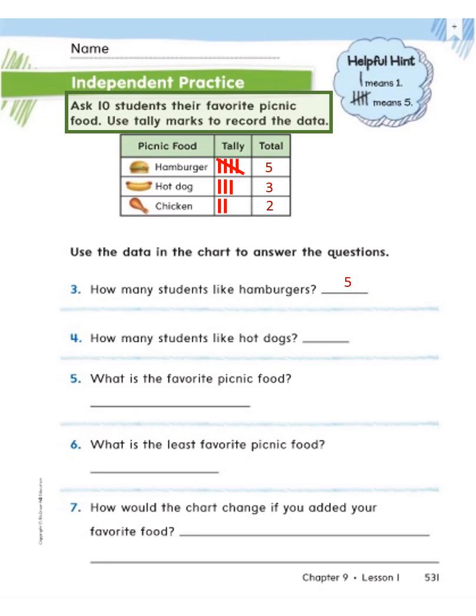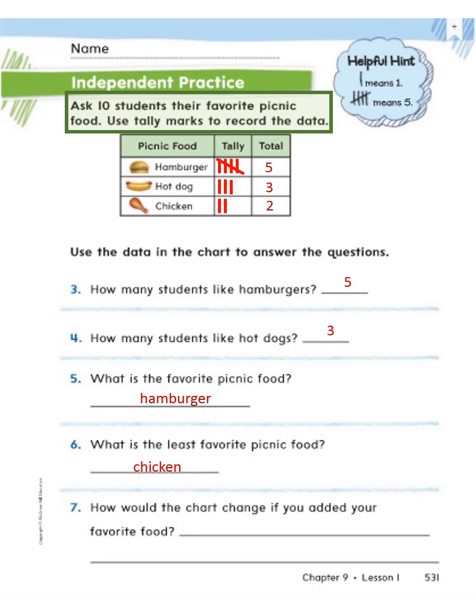What are you going to put there? Great. Number 5, what is the favorite picnic food? Good. It's a hamburger. Number 6, what is the least favorite picnic food? And hopefully you put this.